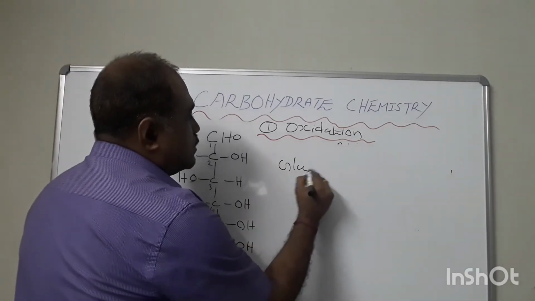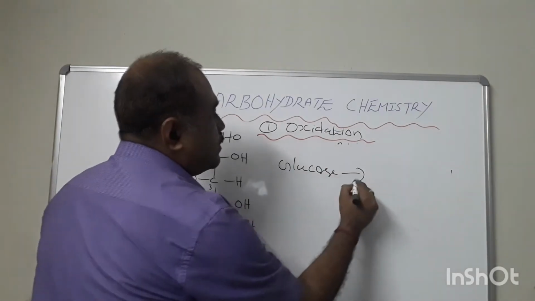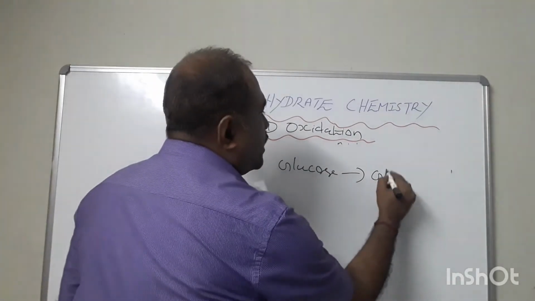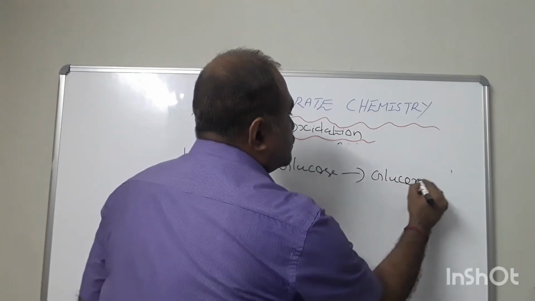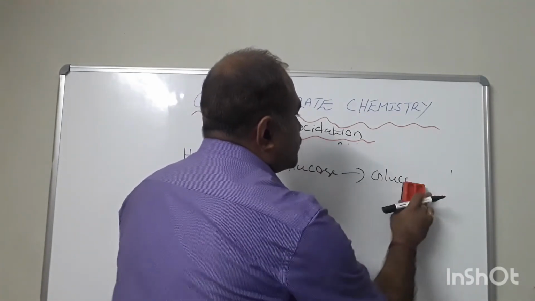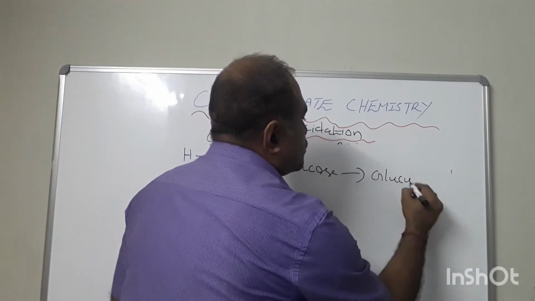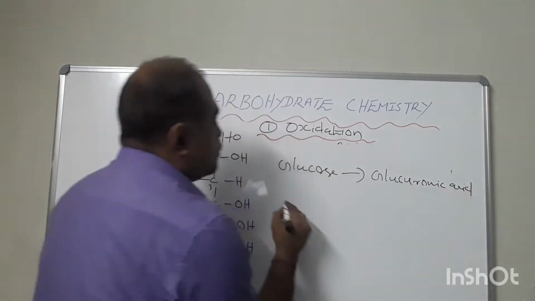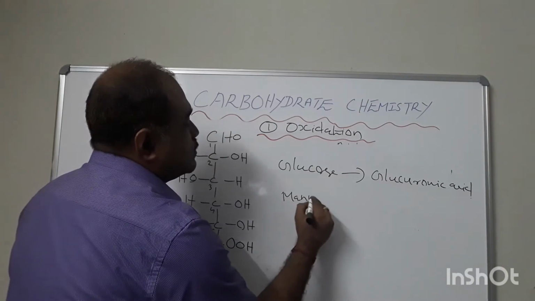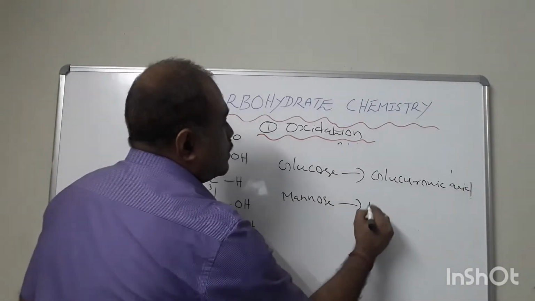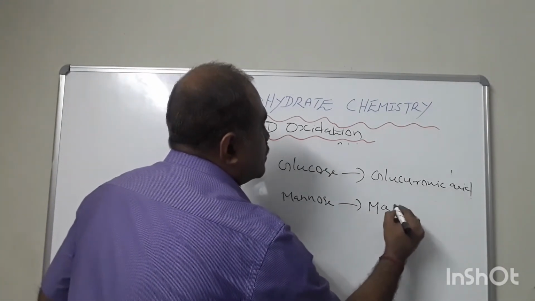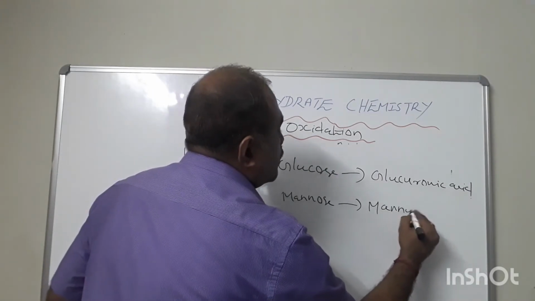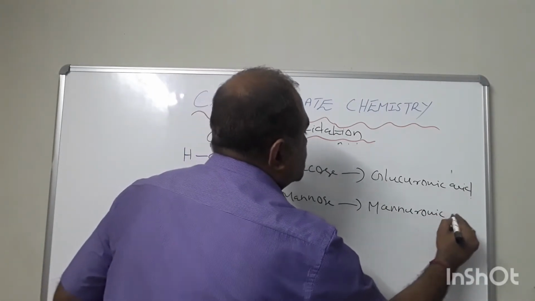For example, glucose gives glucuronic acid. Mannose gives mannuronic acid.